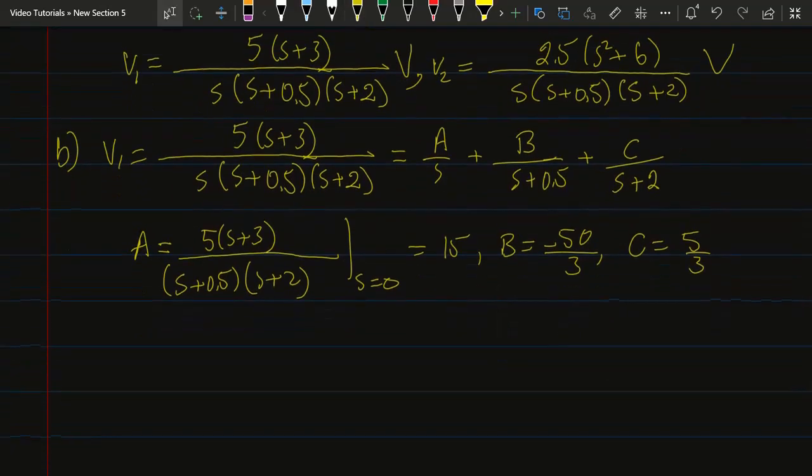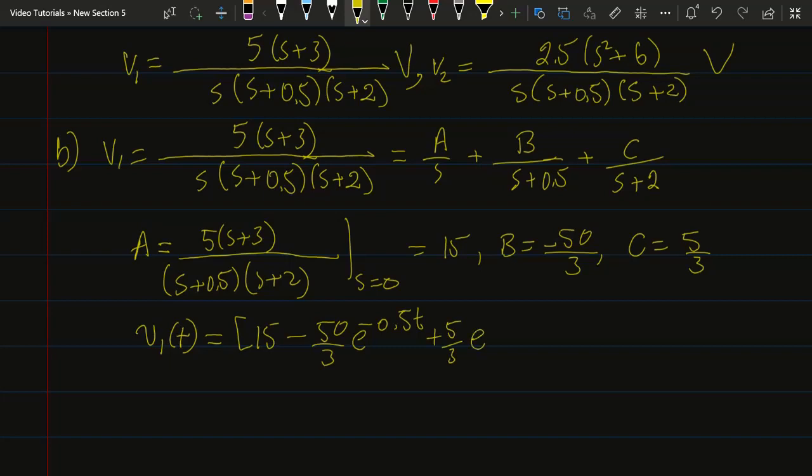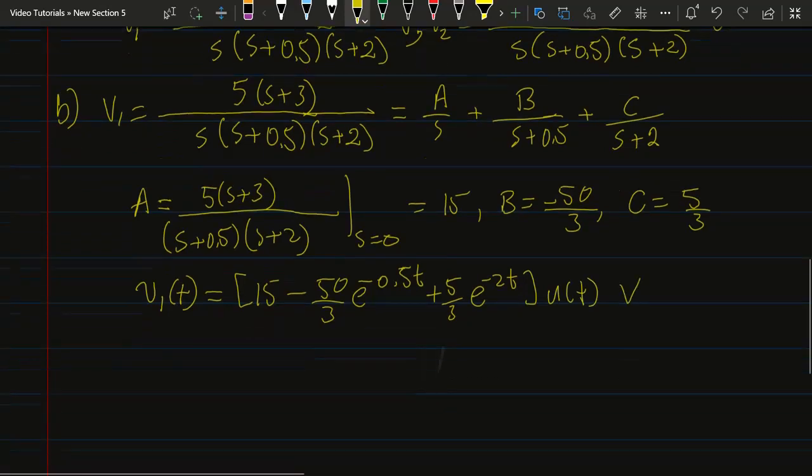Now calculating the inverse Laplace transform, you will get V1 of t, which is nothing but 15 minus 50 over 3 e to the minus 0.5t, and then plus 5 over 3 e to the minus 2t, and this is multiplied by u of t, and of course the unit is in volts.